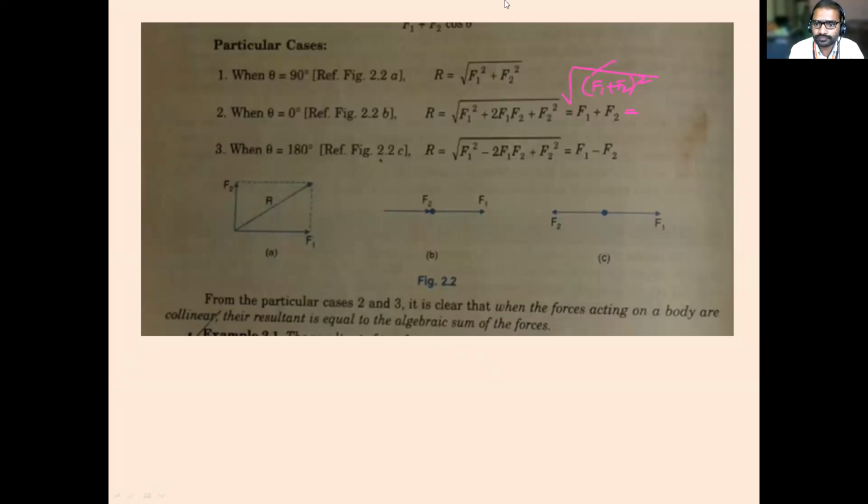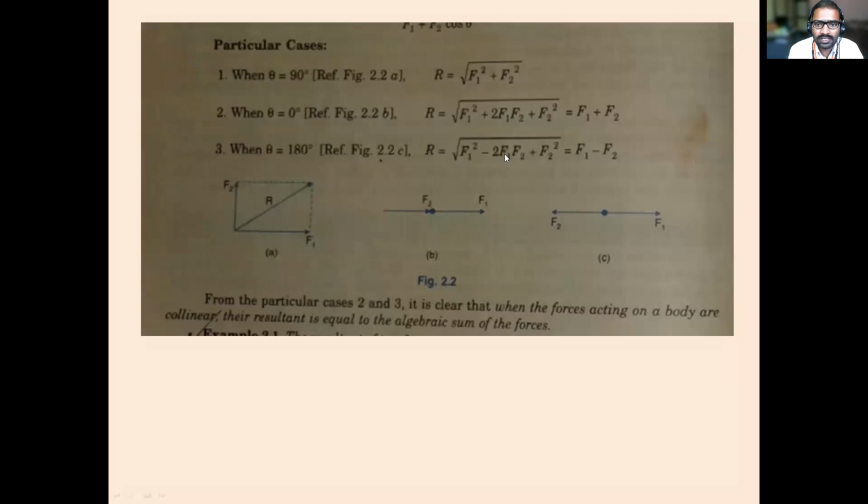Clear? Okay. Yes, sir. The last one is if theta is 180 degree. Instead of moving in the same direction, if the F2 force makes an angle theta equal to 180 degree, then what will be the resultant? Theta is 180 degree, substitute in the formula.